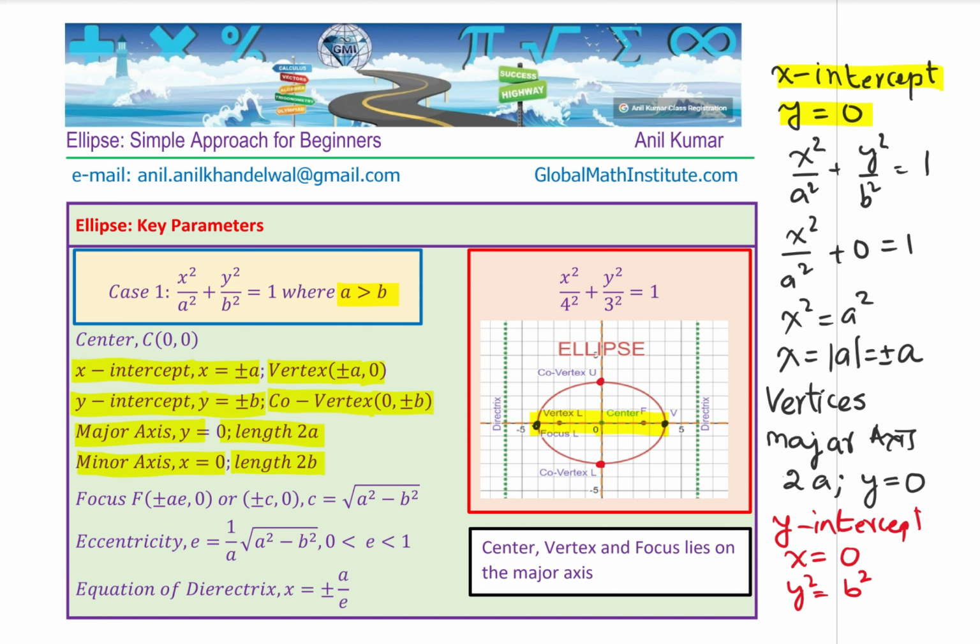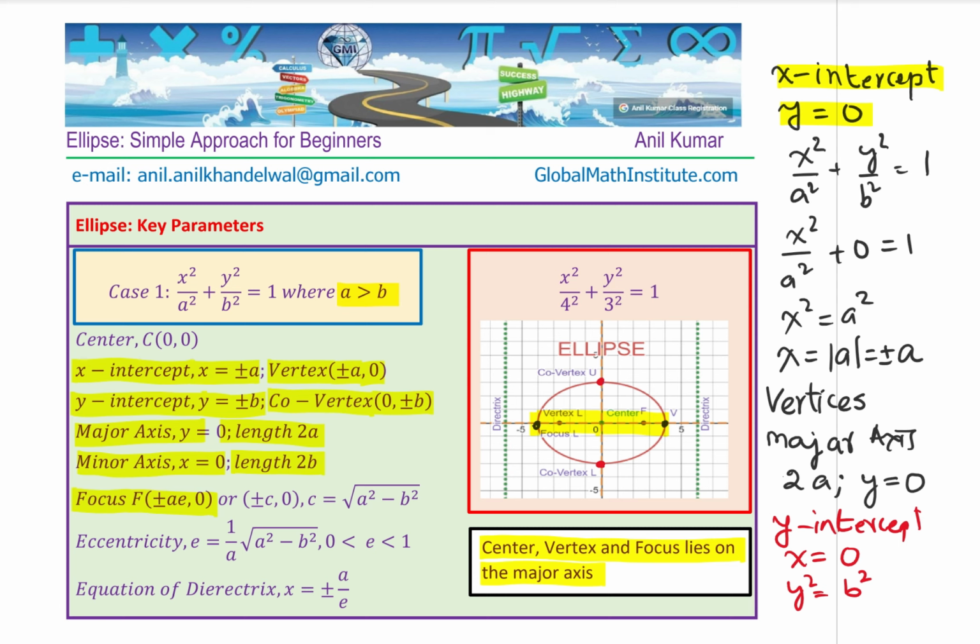That constant e is called eccentricity. So that ratio gives us the focal point itself. So the focus has a coordinate point which is plus and minus ae, and it is always along the major axis. So what we'll notice here is that the center, the vertex, and the focus, they all lie on the major axis.